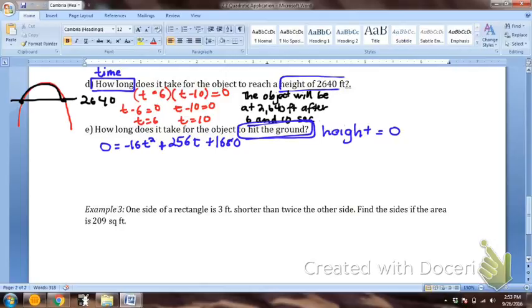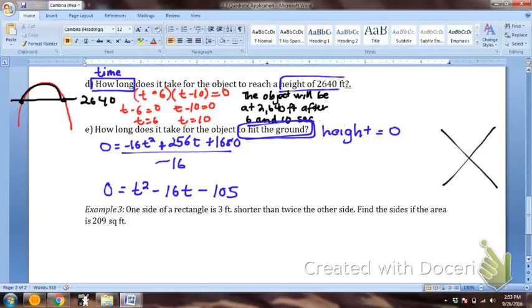Right, because if you were to multiply these two things back together, you're going to get a really big number. So we have negative 105 and negative 16 that we have to x factor.